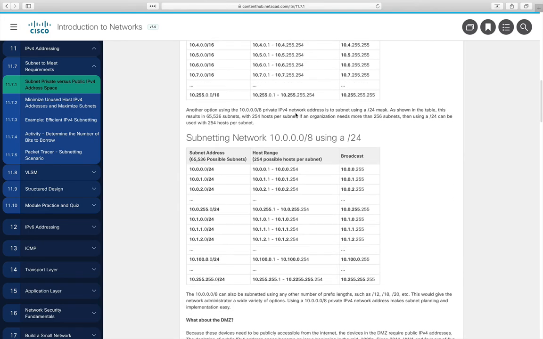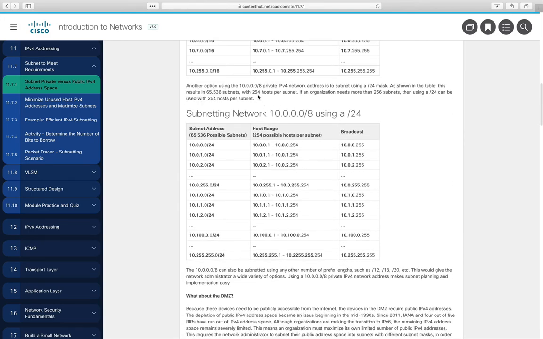The other thing we can do is if our subnets can do with 254 or fewer host addresses, we can go through and use a /24. So basically our subnets, we've borrowed these 16 bits here in the middle.